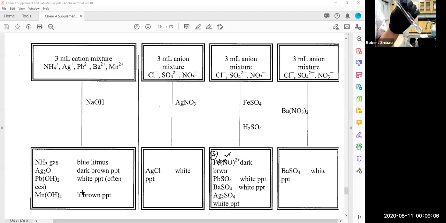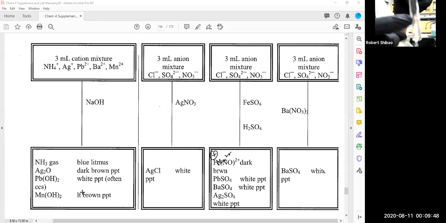Okay, so I have my unknown here, and then I'm going to add barium nitrate to see if I get a precipitate. I'll add about a squirt or 2 of barium nitrate. Let's see if 1 squirt will do it. Let's keep an eye on the bottom of the test tube. All right, that was a full squirt.